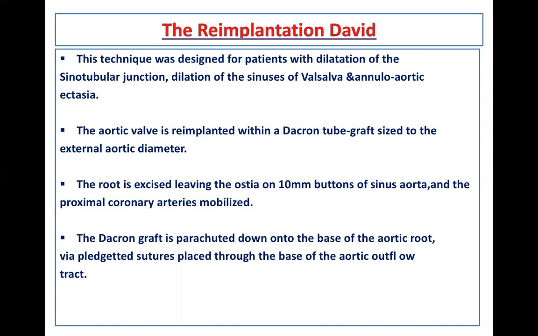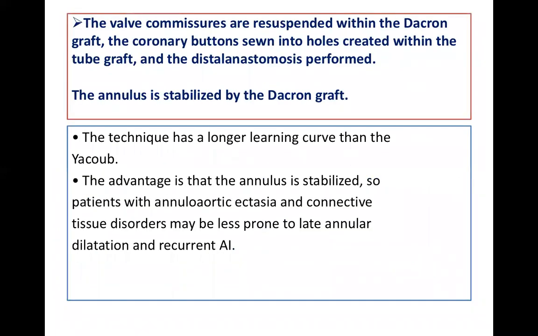You suspend the commissures, and this is much easier to do in the tube graft compared to the scalloped Jacob procedure.